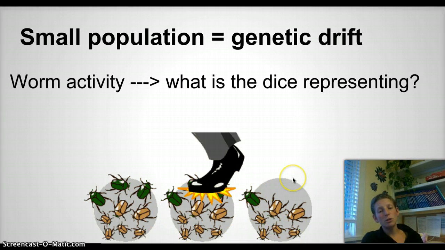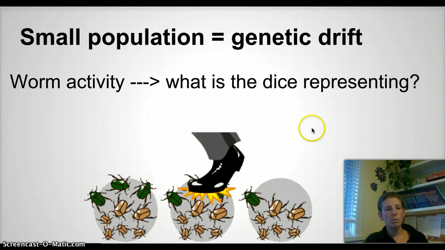And then that leftover population will have a different genetic makeup than the original population. There'll be less genes to share when mating, and that means there's going to be less combinations of the genes to express traits, and over time that could lead to evolution.